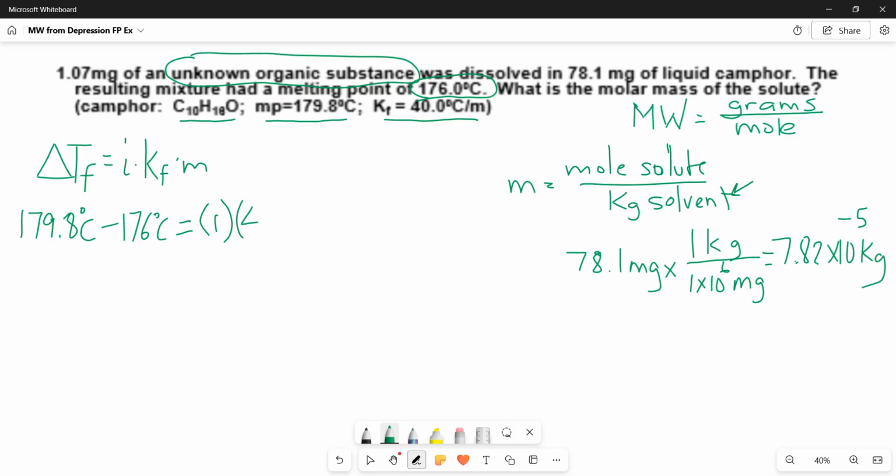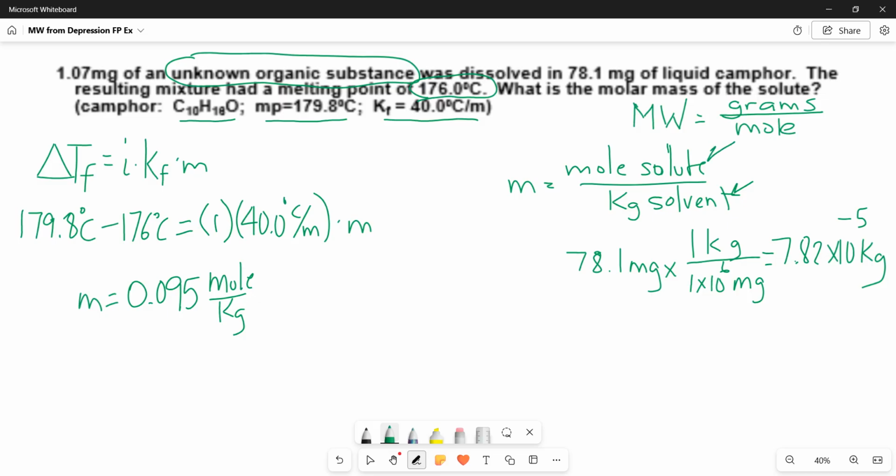We know the K of F is 40 degrees Celsius per mol, and we don't know the molality. We're going to solve for that. So if I solve for M, if I simplify this problem, I'm going to get 0.095, and that's going to be moles per kilogram. Okay, that's what the units are going to be.